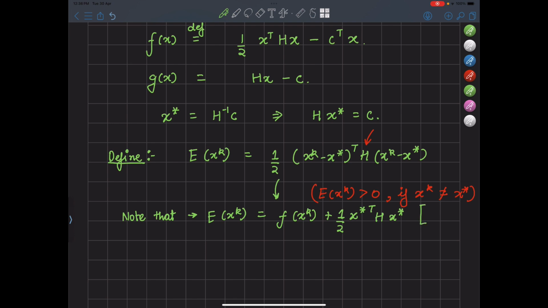We have used the result h x star is equal to c here, which we saw earlier.